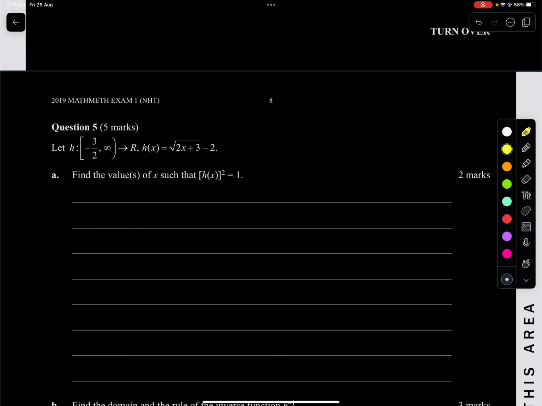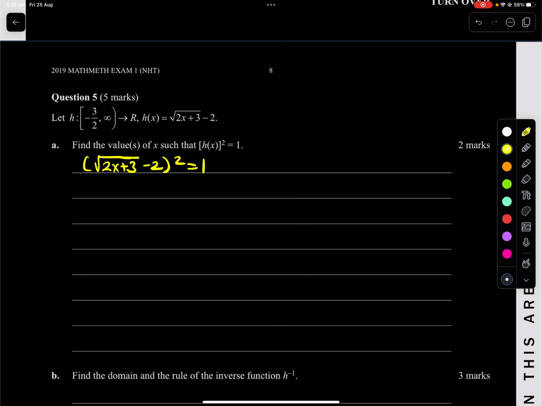Question 5. Let h be this. Find the values of x such that h of x squared equals 1. So we're saying square root of 2x plus 3 minus 2, squared, equals 1.